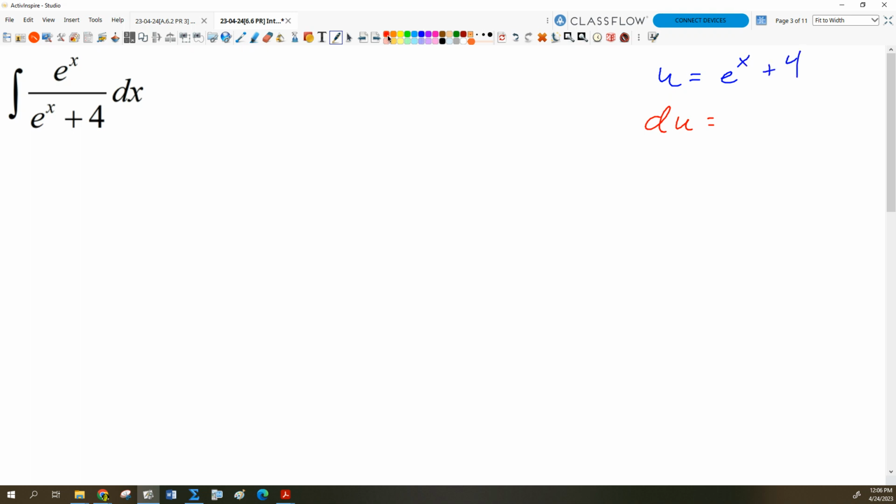And then what is the derivative of e to the x plus 4? E to the x dx, right? Because we're writing it in differential form. Okay. So then what do we got? Well, it looks like we've got a direct substitution here, don't we? There's our du right there, and there's our u right there. So when we make our substitution, this ends up looking like the integral of du over u, which is equal to what?